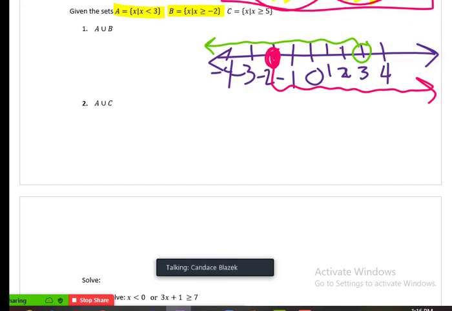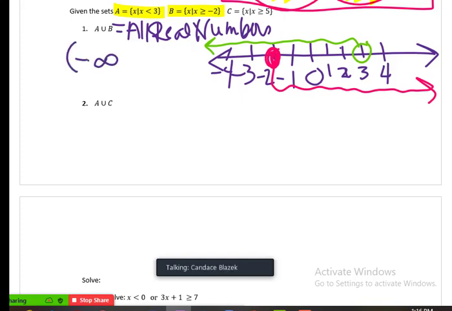So how would we say this? We would say that it's equal to all real numbers. That's one way to write it. And if you think back to what we did with inequalities, we could also say it is negative infinity to infinity as our answer, because it's everything.